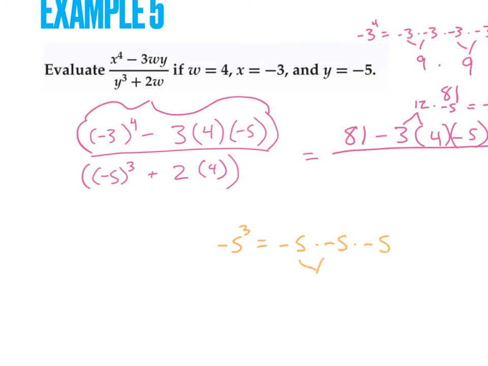Negative 5 times negative 5 is what? Positive 25. And then we have positive 25 times 5, which is 125, negative 125. So negative 5 to the 3rd power is negative 125.